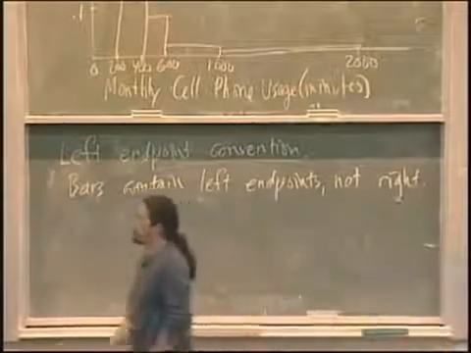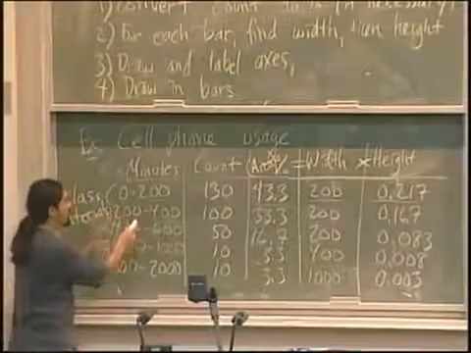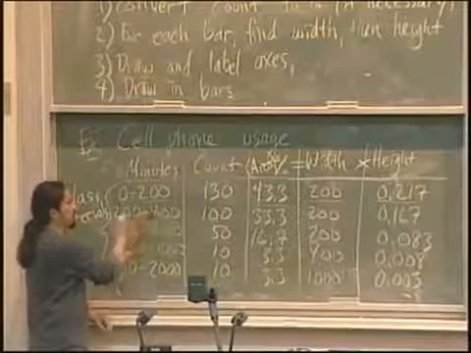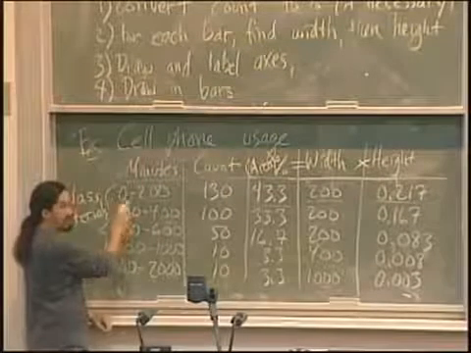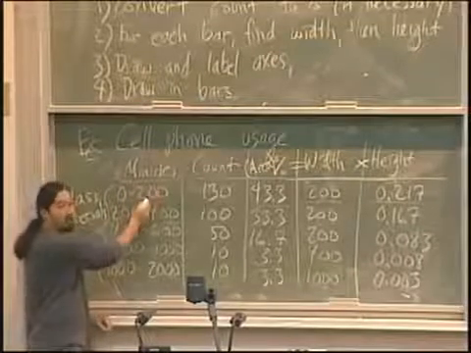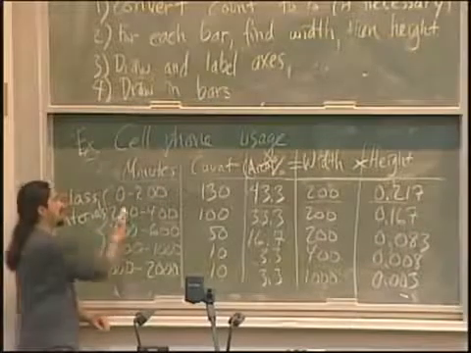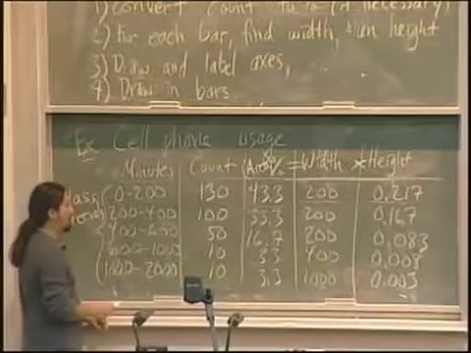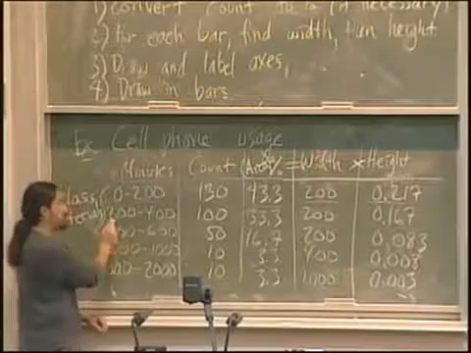So 200 is in the second bar, the bar from 200 to 400. This bar contains 200 because it's the left endpoint. The first bar from 0 to 200 doesn't contain the right endpoint; it does not contain 200. So if you talked on the phone for exactly 200 minutes, you'd be in this second bar.